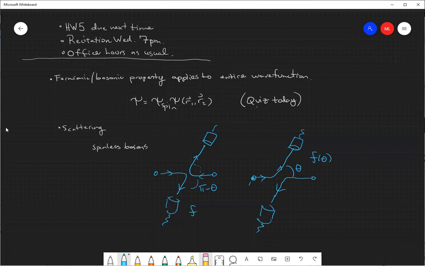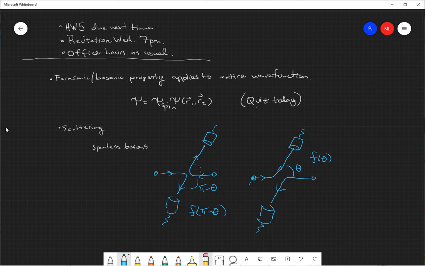So there'd be a scattering amplitude associated with going in this other direction, which would be f(pi minus theta), because that's the angle between the incoming particle and the outgoing one. And so if you have spinless bosons, you don't have to worry about the spin states of the particles you're scattering, so you only worry about just a single amplitude, the scattering amplitude.